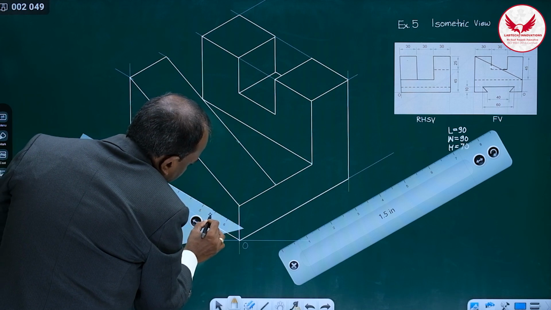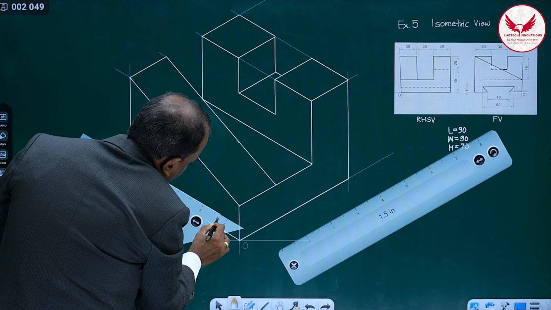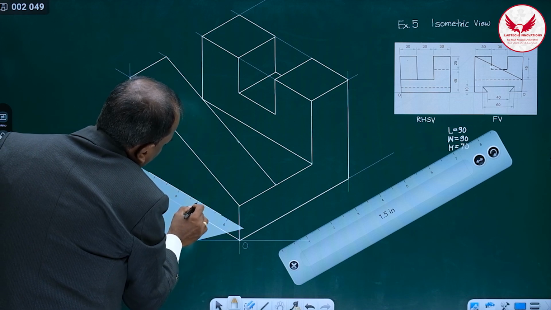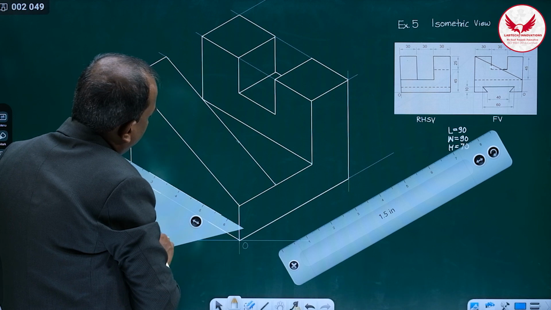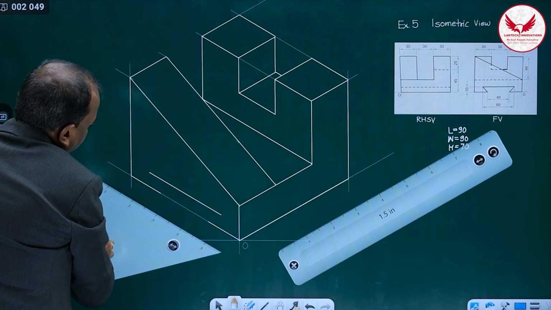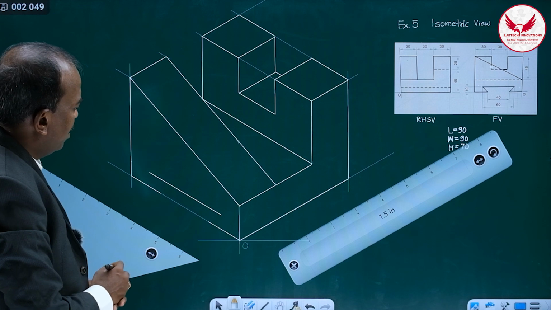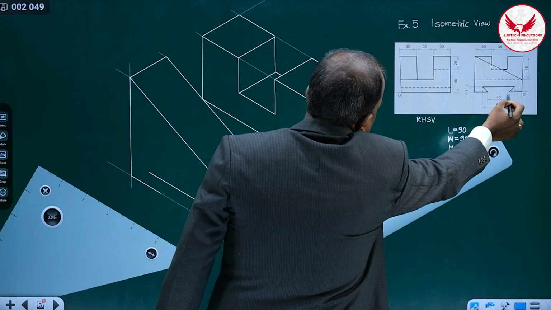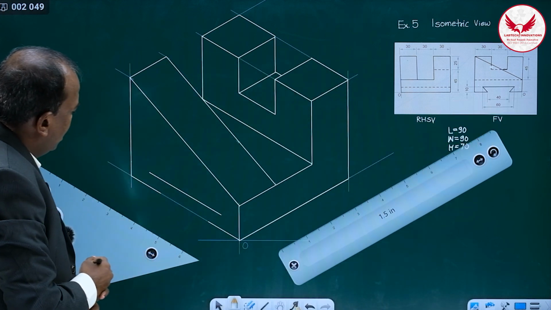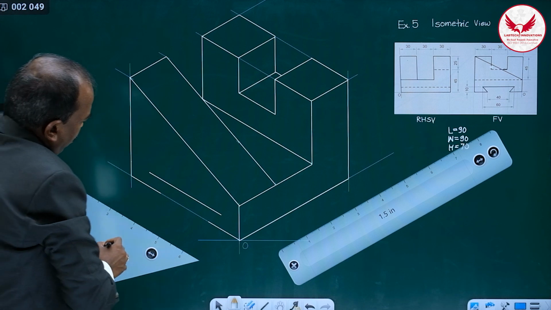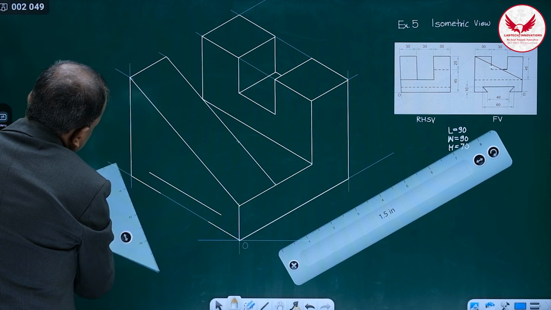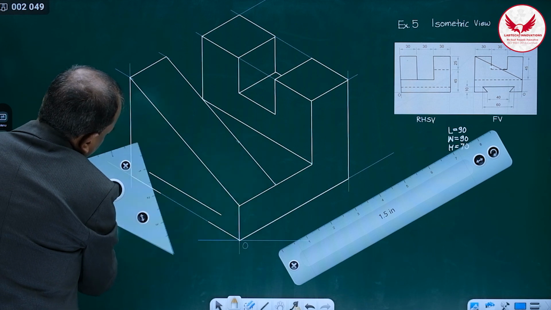And from that side we have to leave the 15 mm gap. Whatever this portion is, it should be 10, 20, 30, 40, 50 and 60 mm line we have to mark. When lengths are given for this trapezoidal slot, it is very simple. I have marked this line, it is also isometric, this gap is also isometric. I have marked all these lines, and after that, simply what we are supposed to do is join these two ends.